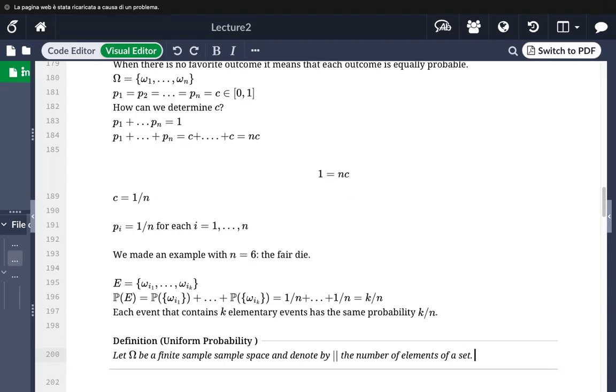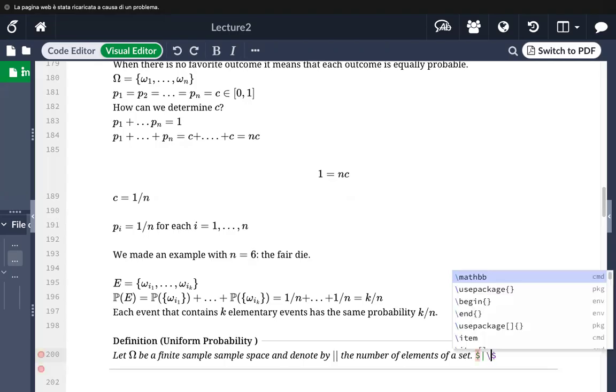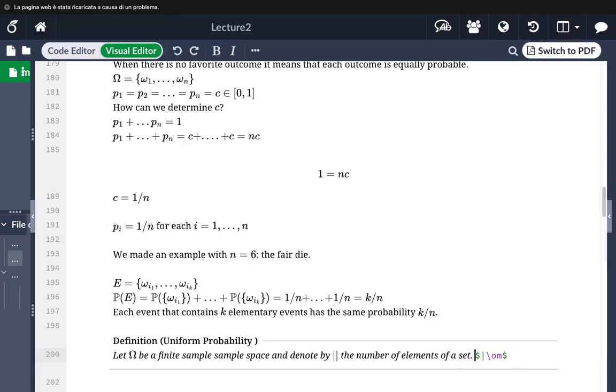So in particular, the number of elements of omega being equal to n, for instance, can be written in this way.